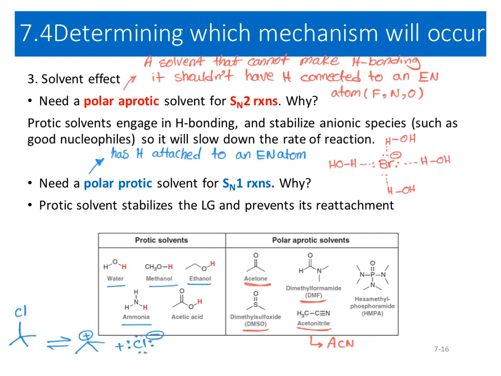Now, having a protic solvent is very important because protic solvent can make hydrogen bonding with the leaving group and stabilizes the leaving group. Therefore, the leaving group won't reattach to the carbocation to get back to the substrate, because we need to push the reaction go forward. So it is very important to use protic solvent to stabilize the leaving group.